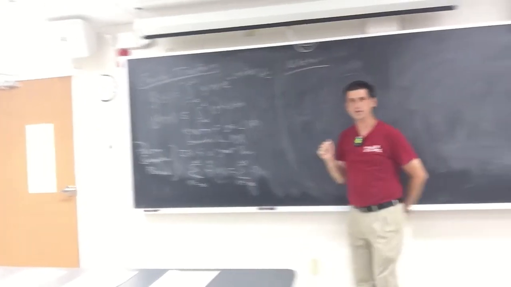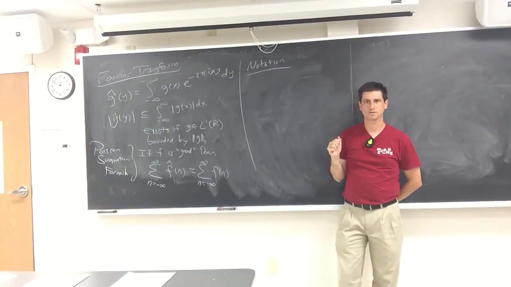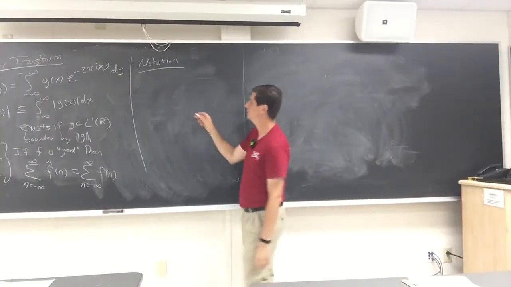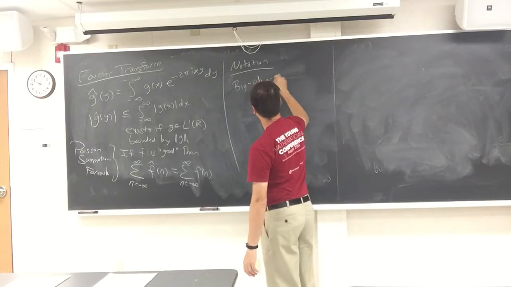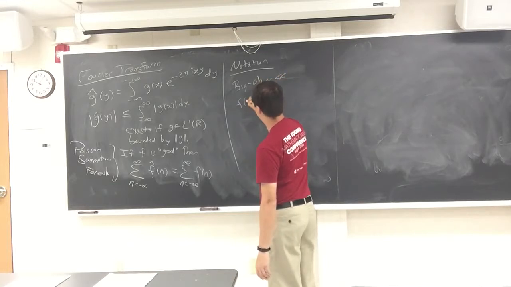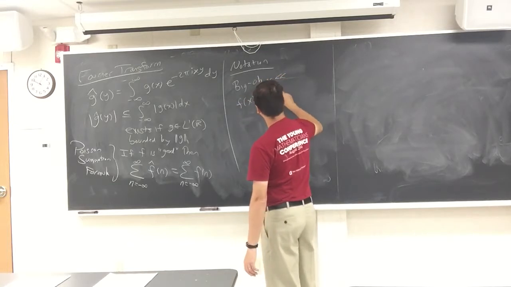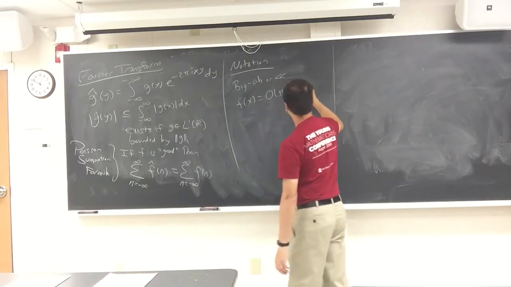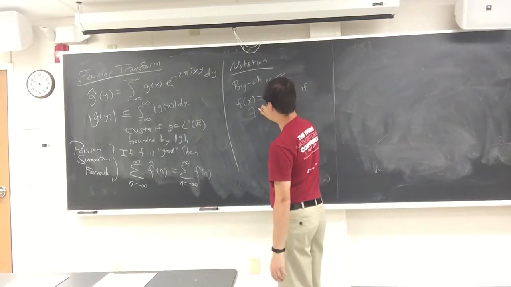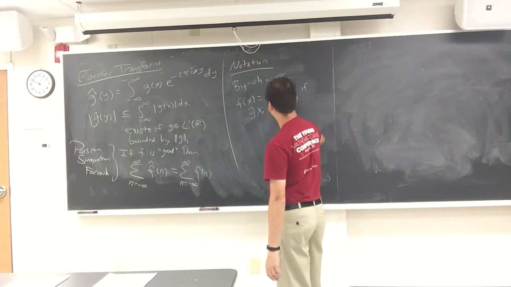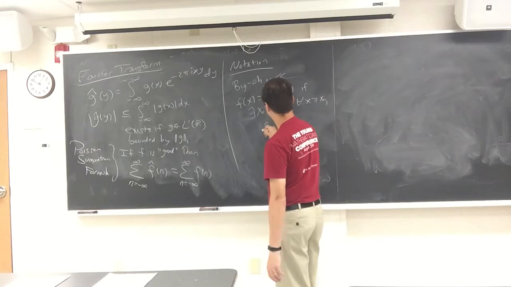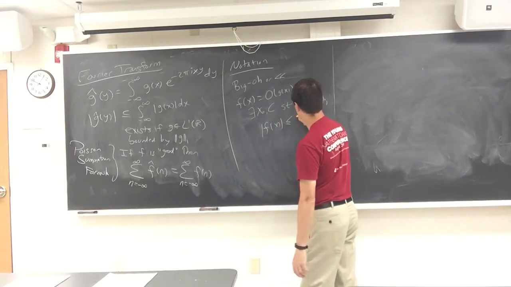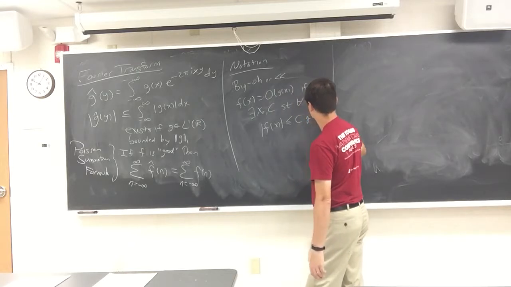Have we done big O notation in this class? All right, this is good notation to be at least aware of. Big O, or less than less than. We say f of x is big O of g of x if there exists an x0 and a c such that for all x greater than or equal to x0, f of x in absolute value is less than or equal to c times g of x.